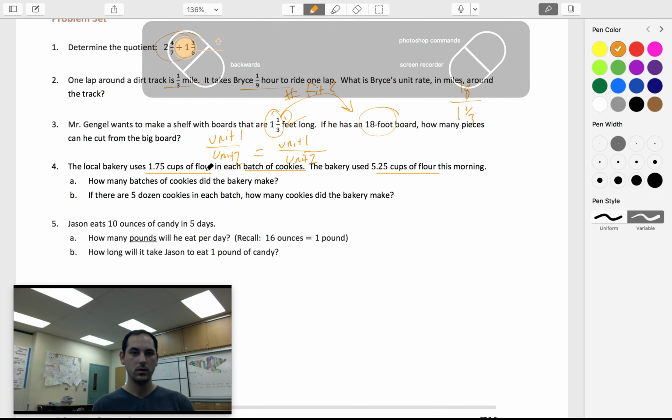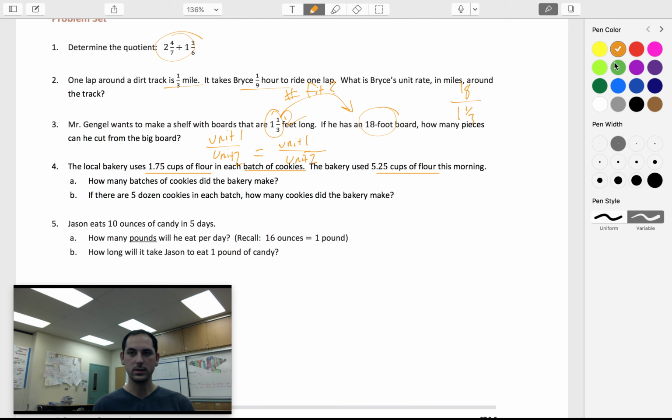So this is per batch. So this is actually a 1. So she makes 1 batch of cookie on this. So you need to use this formula. Unit 1 over unit 2 is equal to unit 1 over unit 2 to figure this out. So cross multiply after you do this. It looks like you may have to do multiplication instead of division, so make sure you use this to figure out if that's true.